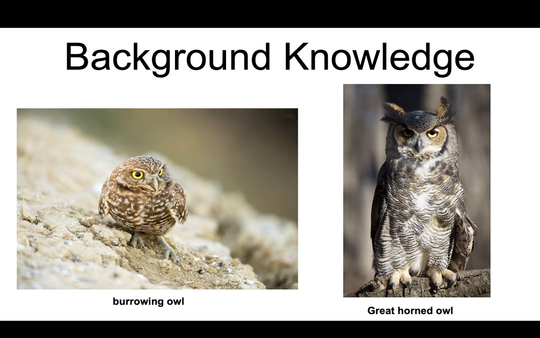While showing two different images, one of a burrowing owl and one of a great horned owl, students could compare and contrast them, emphasizing features and characteristics of the burrowing owl to help create context for the student while reading.